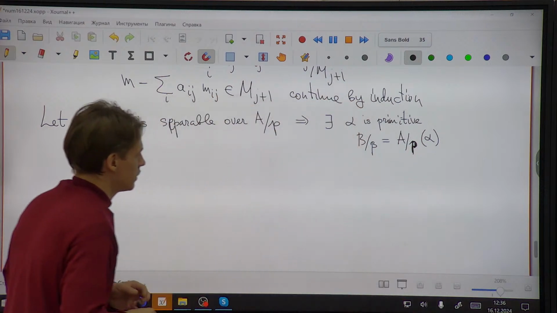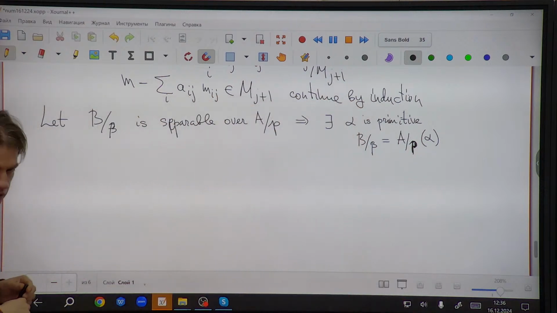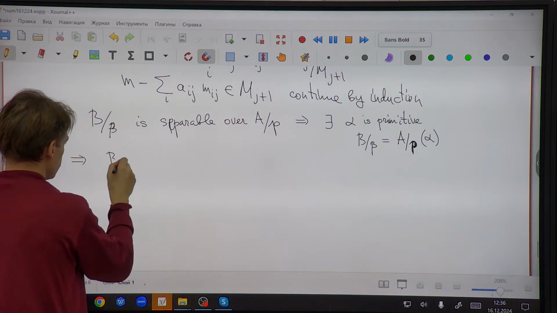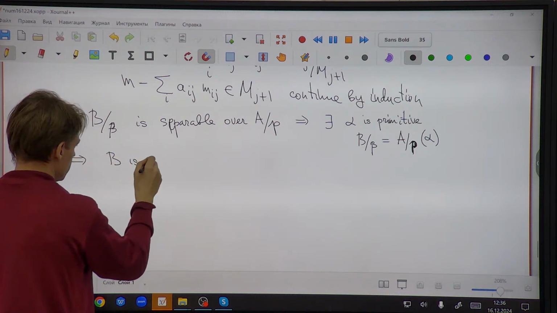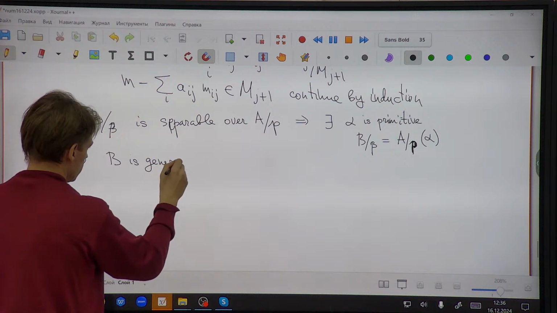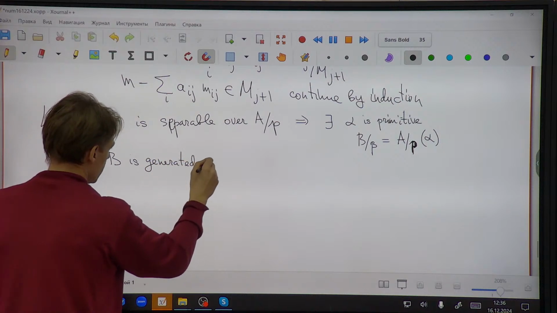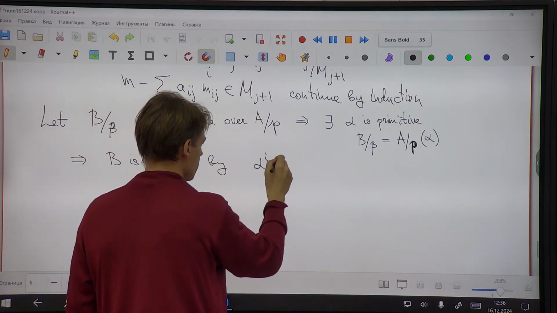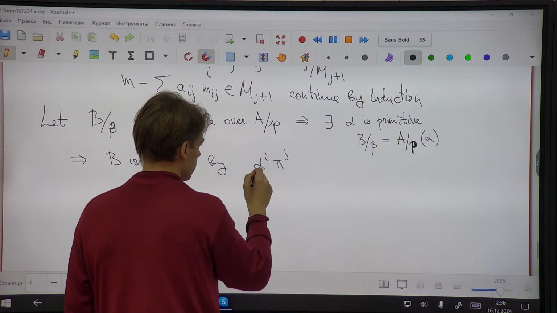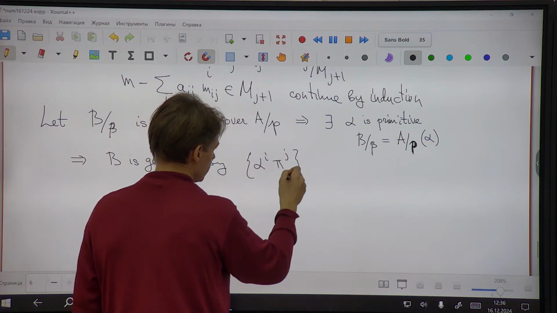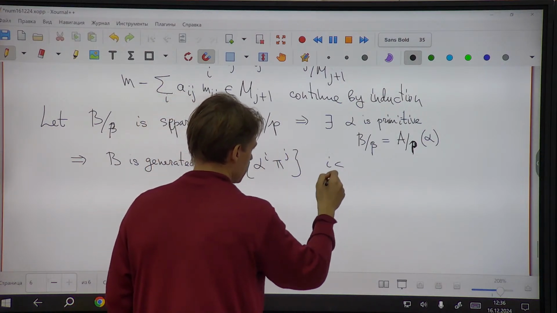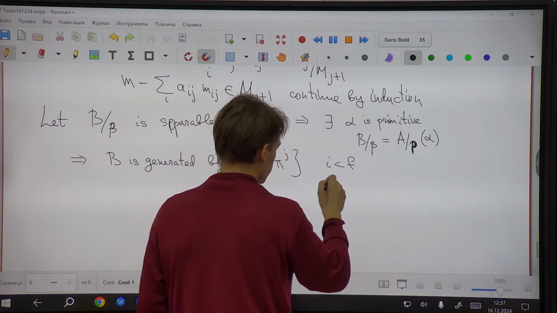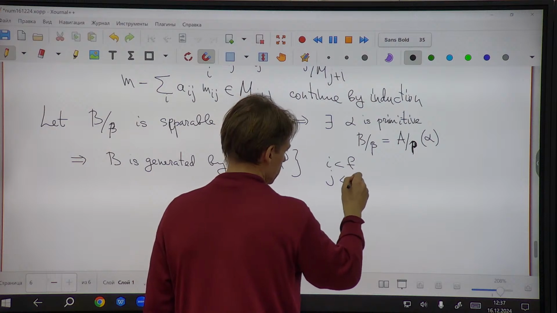And this implies that B is generated by alpha to the i, pi to the j, where i is less than f and j is less than e.